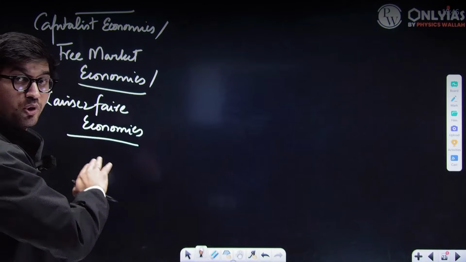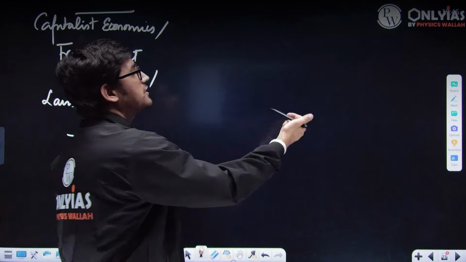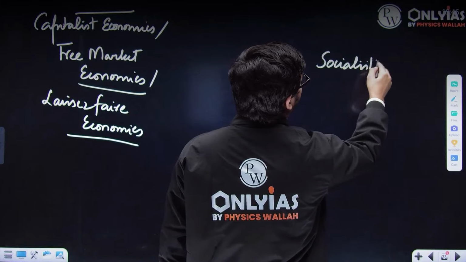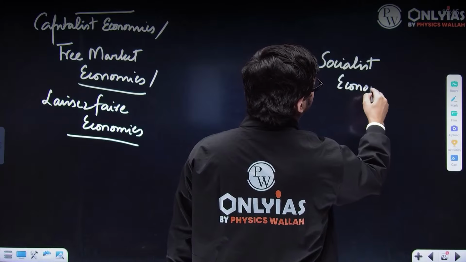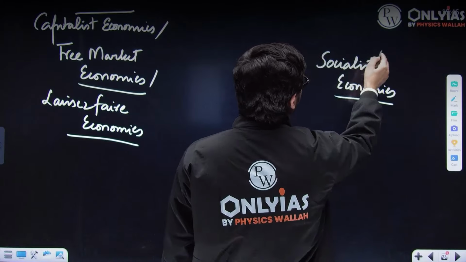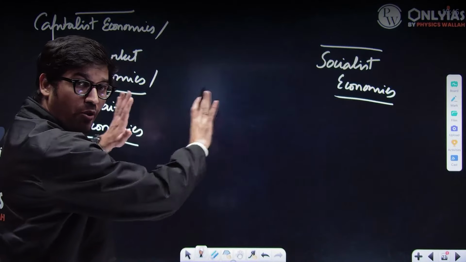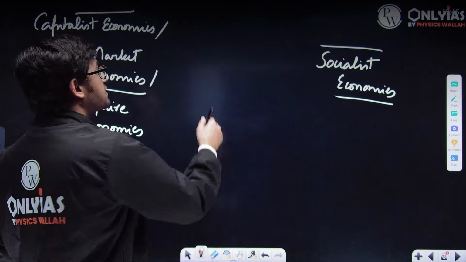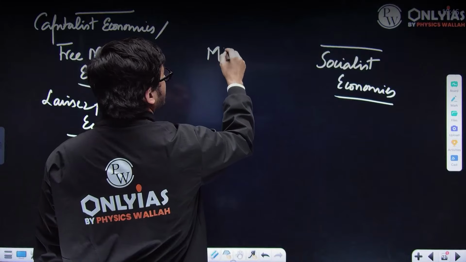This is one polar extreme. The other polar extreme is socialist economies. These are two different poles, and in the middle you will have something called mixed economies.